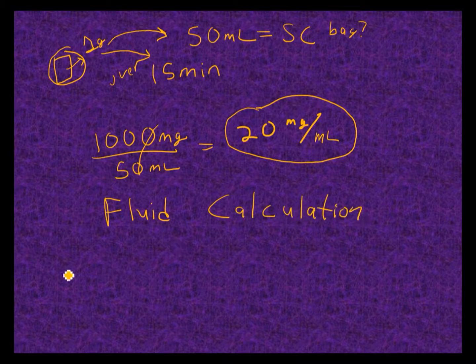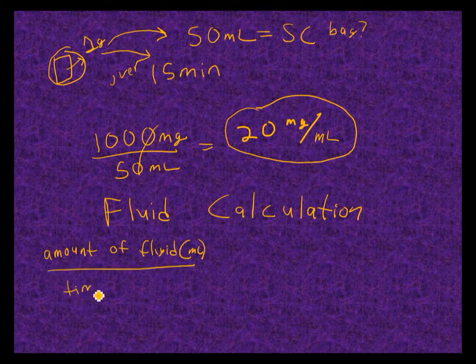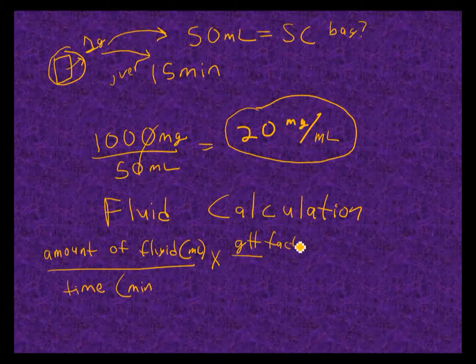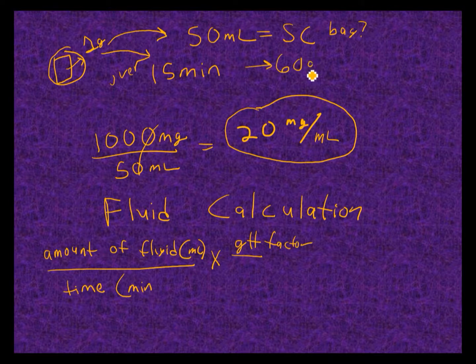And so now, remember, fluid calculation is the amount of fluid, and remember, that has to be in milliliters, over the amount of time in minutes. And then we multiply that times our drop factor. So they tell me they want me to use a 60 drop set. Alright, well let's look at this.